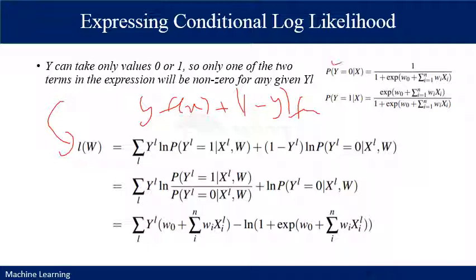Taking these as the functions, we have y times log of p where y is equal to 1 given our input, and 1 minus y times log of p where y is equal to 0. So putting the values we get the same ratio plus the log of the probability of our input features.